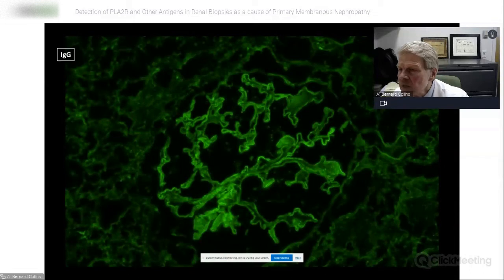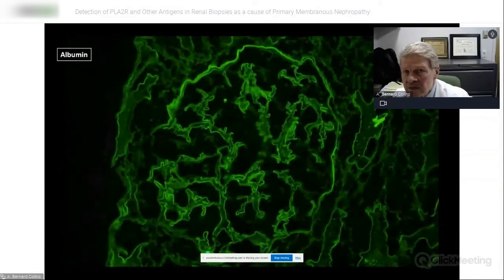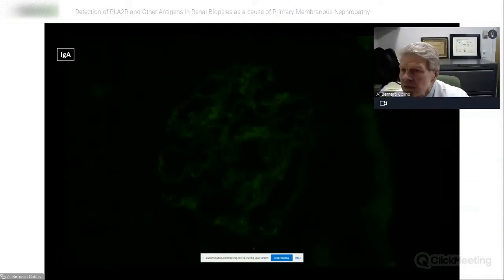As you know, the GBM has a propensity to have linear staining, and that's why albumin is important in evaluating whether you think the linear staining of the IgG is significant or not, i.e. anti-GBM disease or Goodpasture syndrome. In comparison is the albumin stain, and as you see, it's very linear. So that was the dilemma we had.